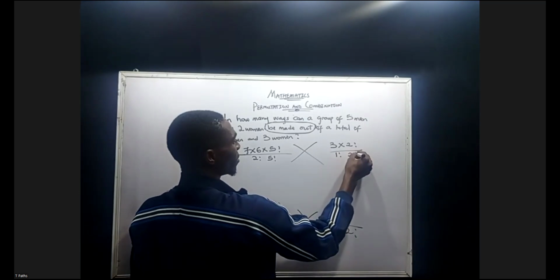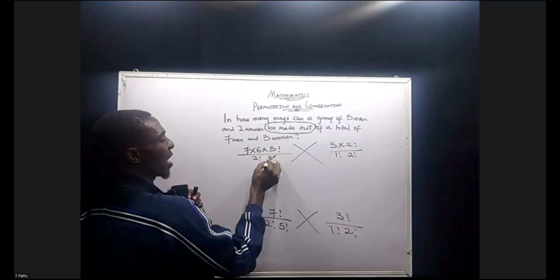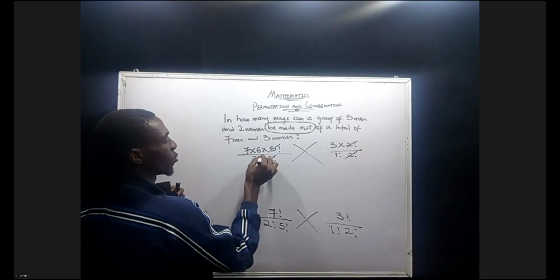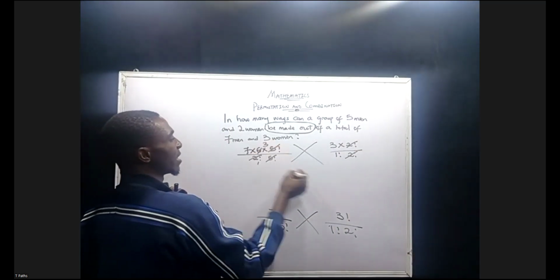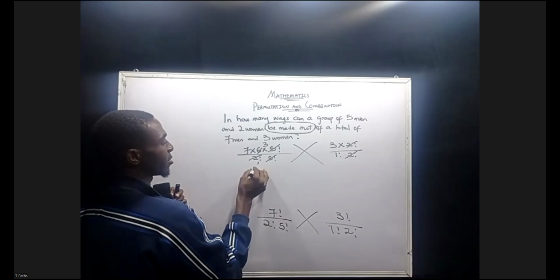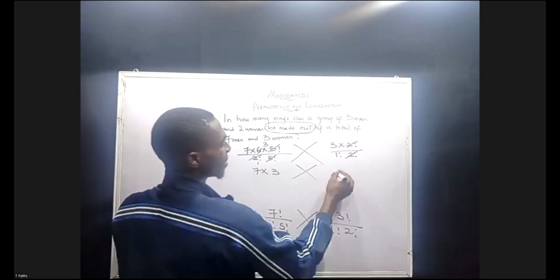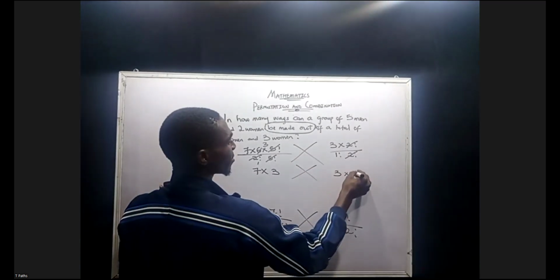Over 1 factorial, 2 factorial. So the 5 here cancels the 5 here, the 2 here cancels the 2 here. So 2 here gives 1, 2 here gives 3. 1 cannot cancel anything here. So we are left with 7 times 3 and 3 times 1.